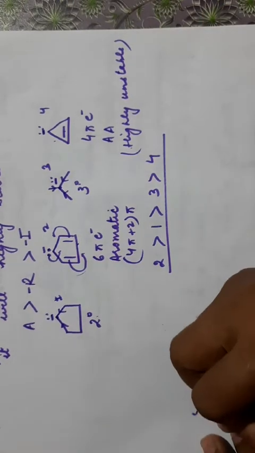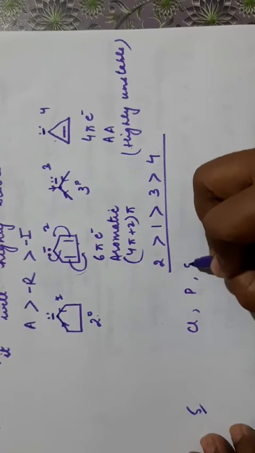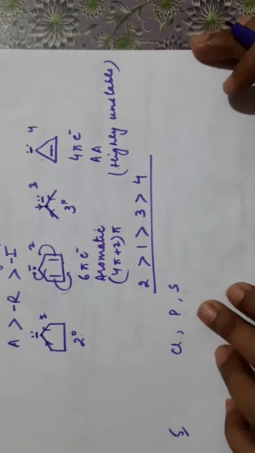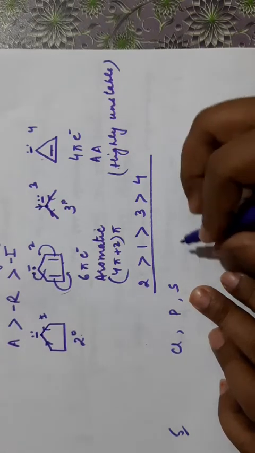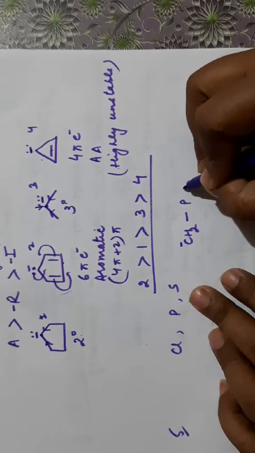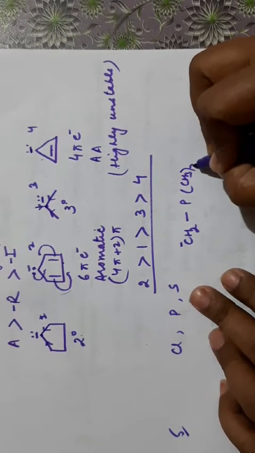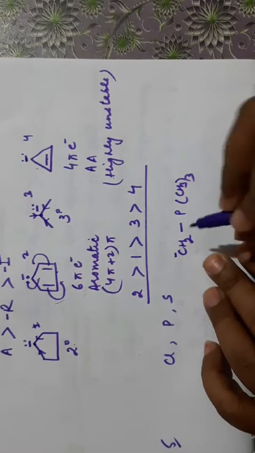One more factor is if there are heteroatoms like Cl, phosphorus or sulfur present adjacent to the negatively charged carbon. Example, we will take CH2 minus P plus (CH3)3. Suppose this is the example. Clear? In this case, what will happen?